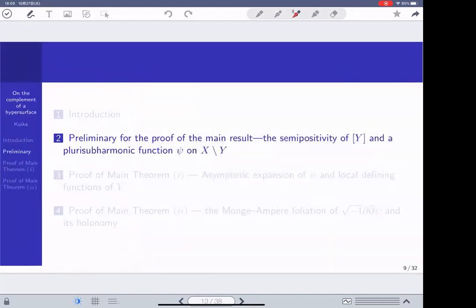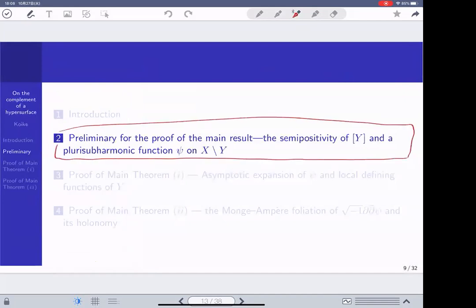So from now on, as a preliminary for the proof of this main result C, I will explain the relation between the semipositivity of Y and a pre-subharmonic function psi I'll construct. And after that, I will explain the proof of Theorem C, the assertion 1, and next Theorem C, the assertion 2.